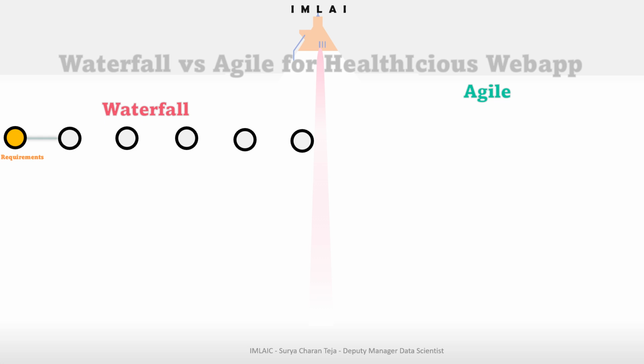So that we will do, and after that we will design user interface, user experience, and many other parts. And then we will move on to the development phase. Once development is done, we will go for the verification and testing, and then we will deploy it.